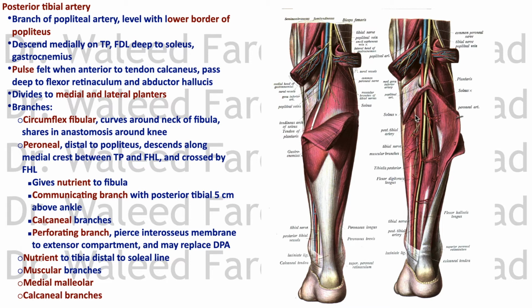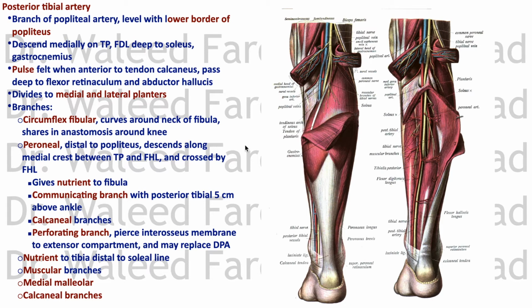The pulse of the posterior tibial artery can only be felt lower down, behind the medial malleolus, when it passes deep to the flexor retinaculum and the abductor hallucis behind the medial border of the tibia. It divides into the medial and lateral plantar arteries, its terminal branches.